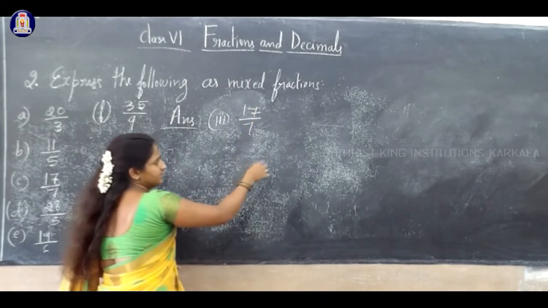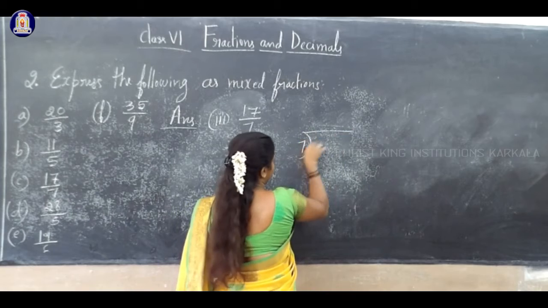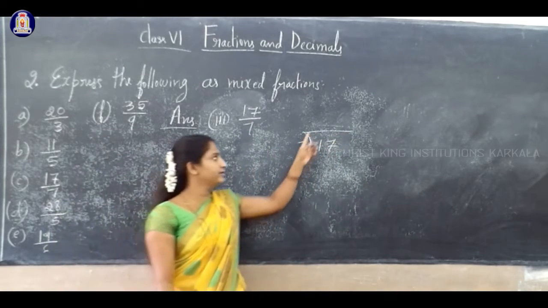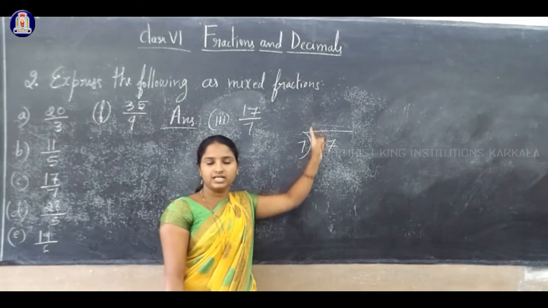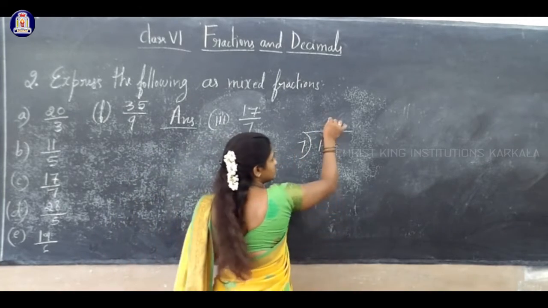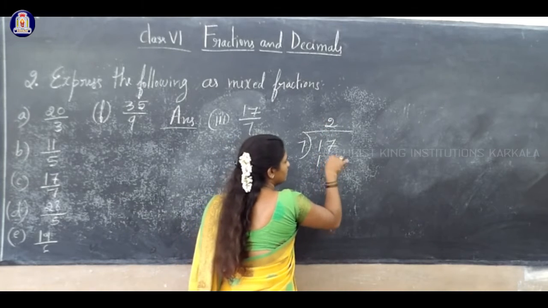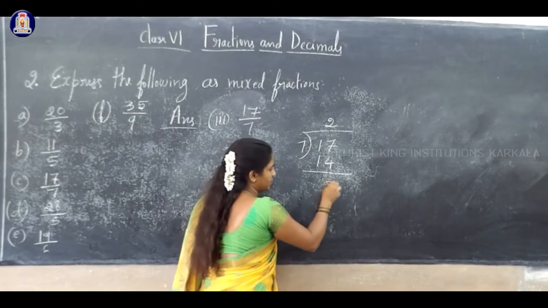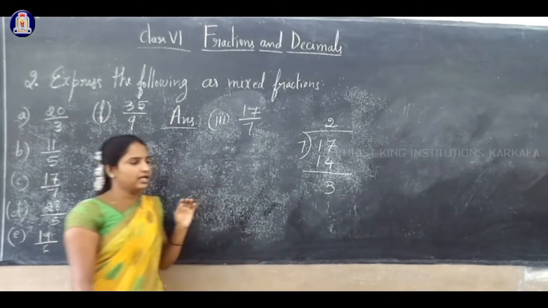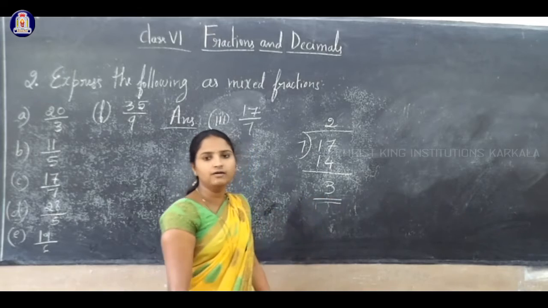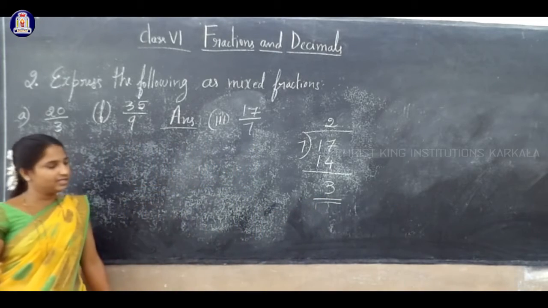Divide: 7 how much are 17? 7 twos are 14, and 7 threes are 21, so we cannot divide further. We write 7 twos are 14. Subtract: 7 minus 4 is 3, and 1 minus 1 is 0. So the remainder is 3.